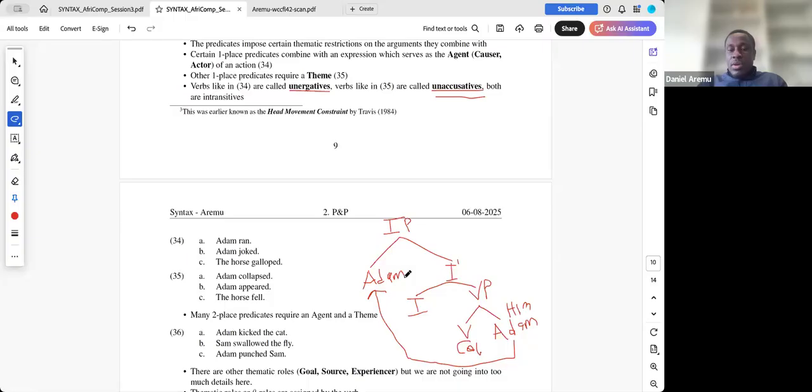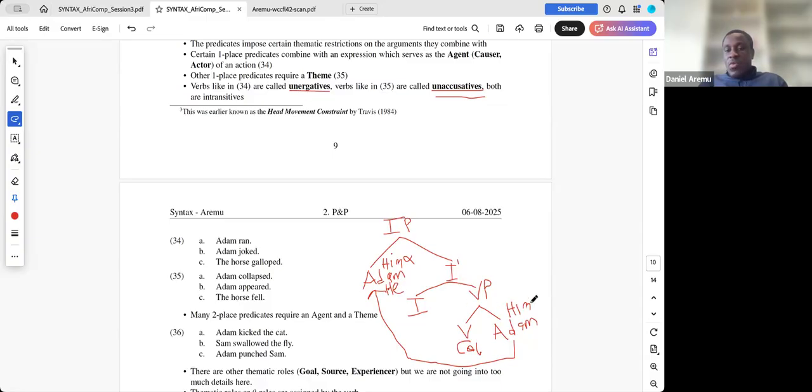Now, why do we call this unaccusative? It is because, let's use the pronoun now. If we are moving him, of course, we cannot say him collapsed, right? We can't say him collapsed. This is wrong, but it will be what? He collapsed. So even when we say he collapsed, we still know that Adam is the same argument.